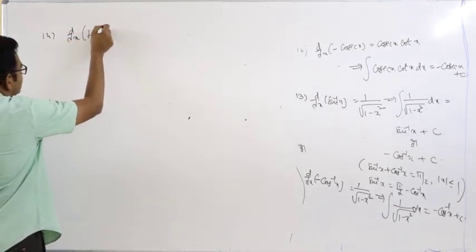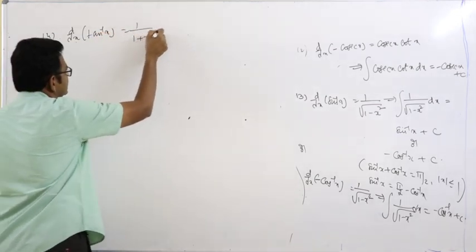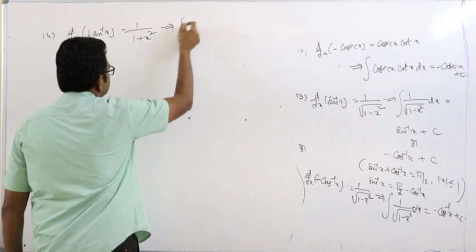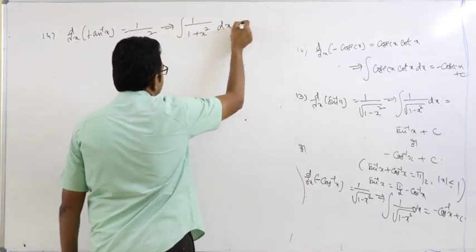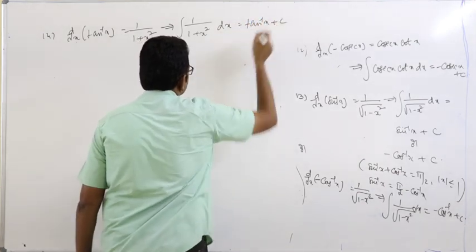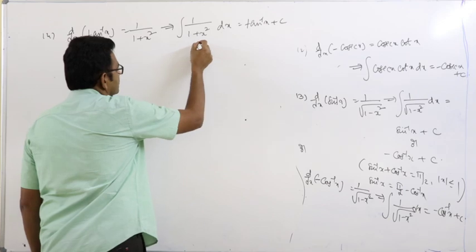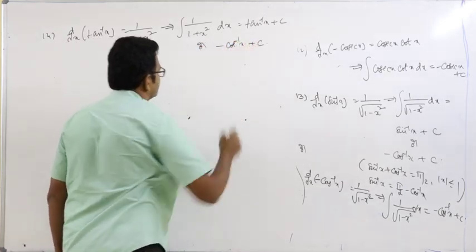Derivative of tan inverse x is equal to 1 by 1 plus x square, which implies integral 1 by 1 plus x square dx is equal to tan inverse x plus c, or minus cot inverse x plus c.